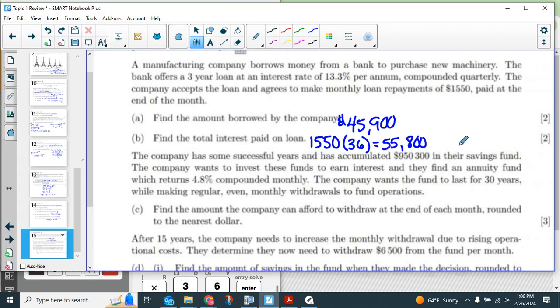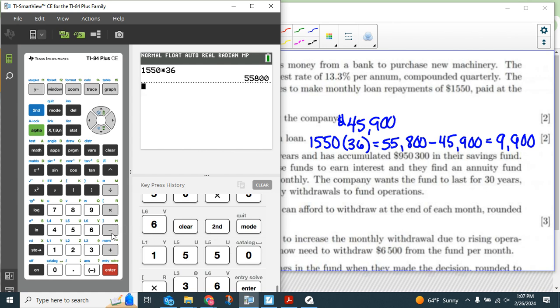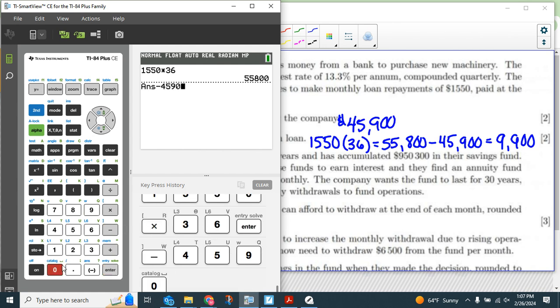If you subtract the original loan amount, that's not quite 10,000, it's $9,900.